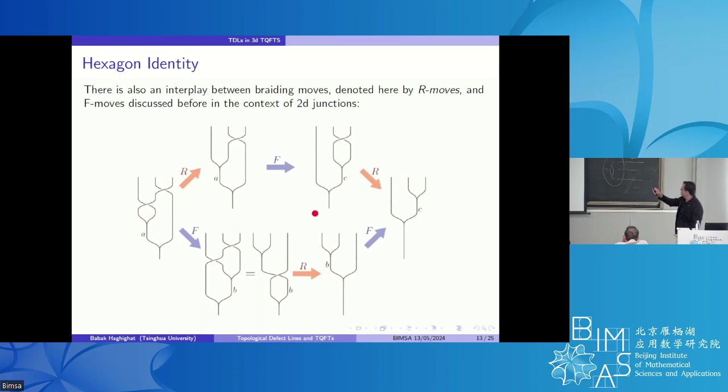This is basically what you have there. And then you can again do the R move, and then again an F move, and you're back there. So if you look at it, this is a hexagon. This is called the hexagon identity. This is again a consistency of the whole story, that you have to have this identity satisfied.